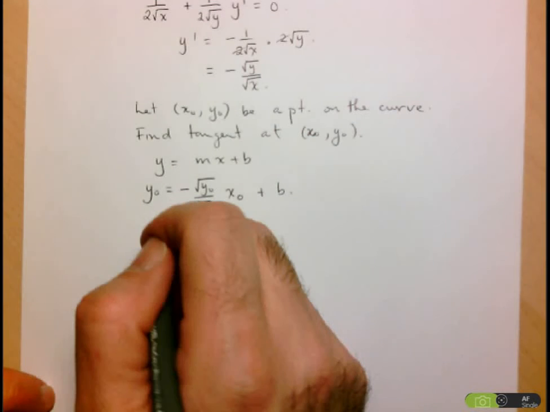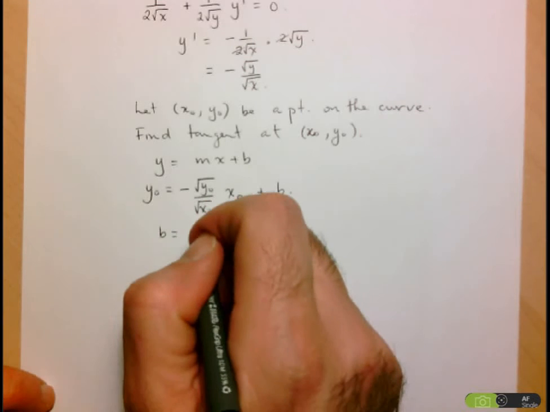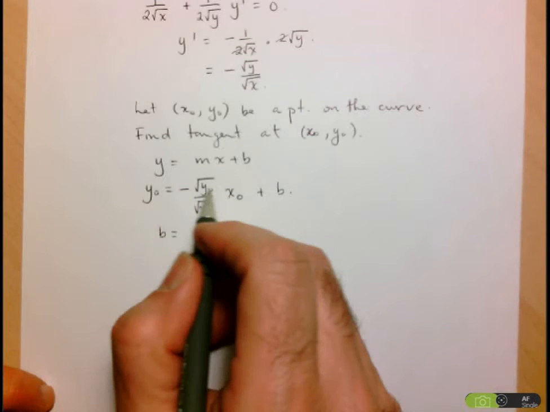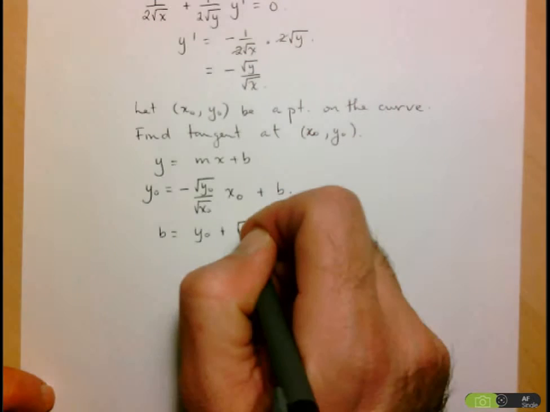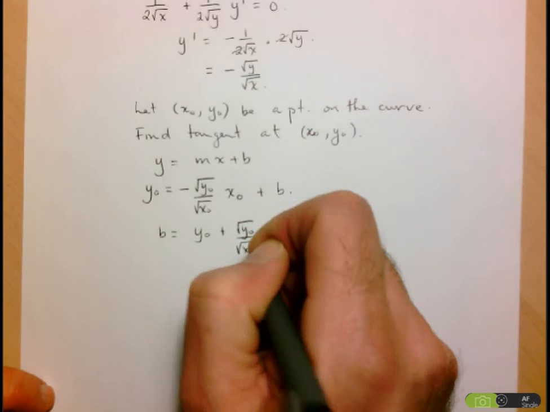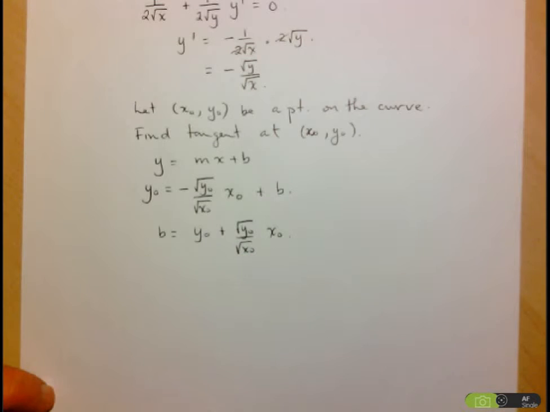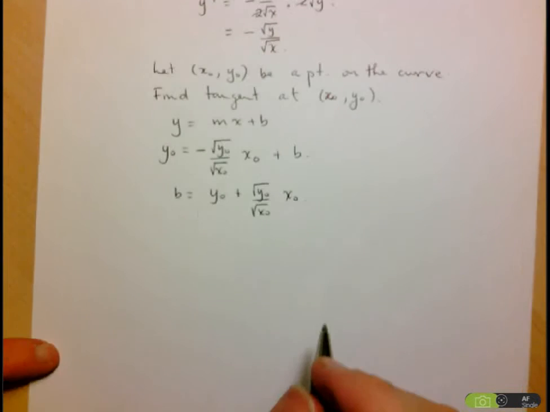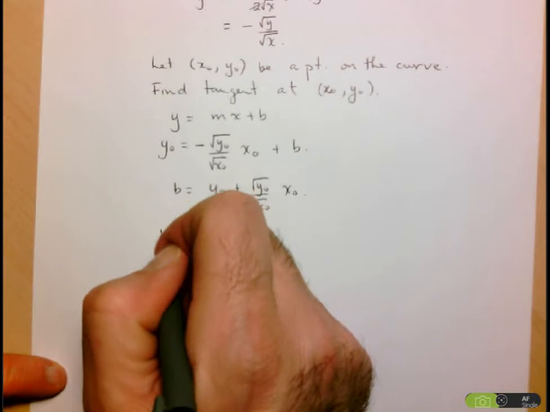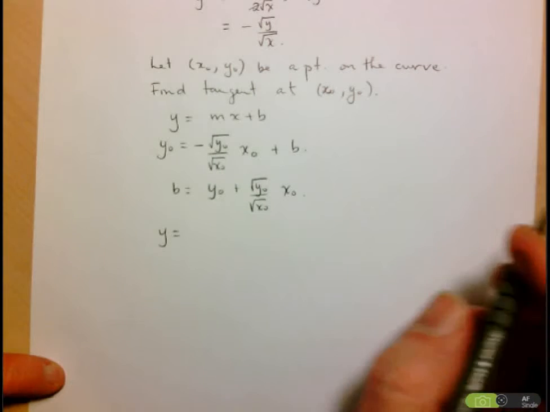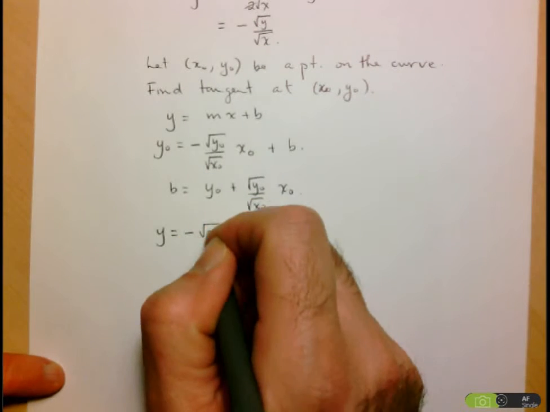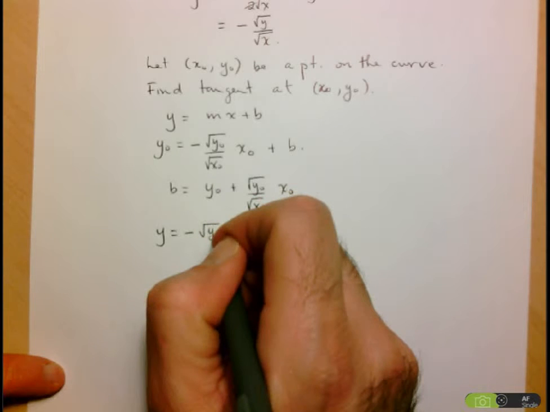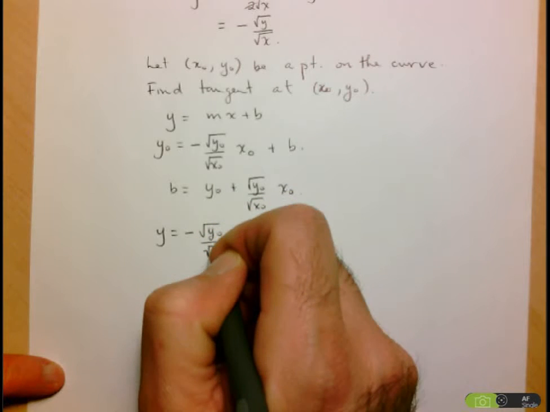Okay, so now let's solve for b. b is just equal to y naught, and this whole thing to the other side becomes positive, so plus root y naught over root x naught times x naught. Okay, so the equation of any tangent to this curve is given by negative square root of y naught over square root of x naught.